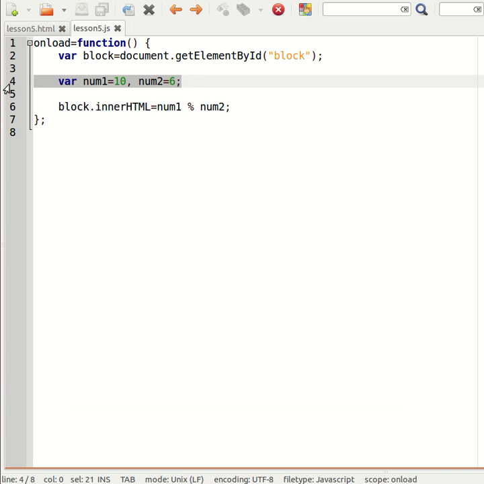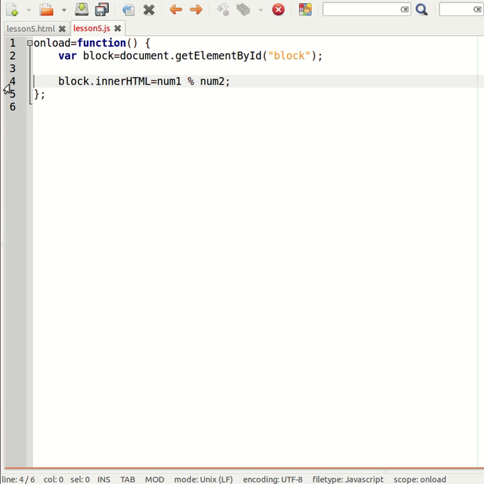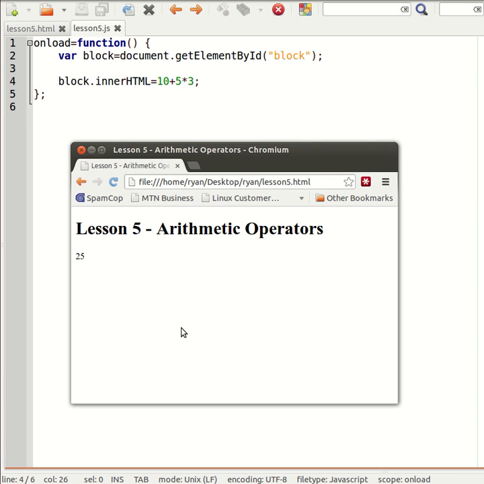Okay, so now if I create a more complex calculation, for example, I could say 10 plus 5 multiplied by 3. An interesting thing happens. I get 25.